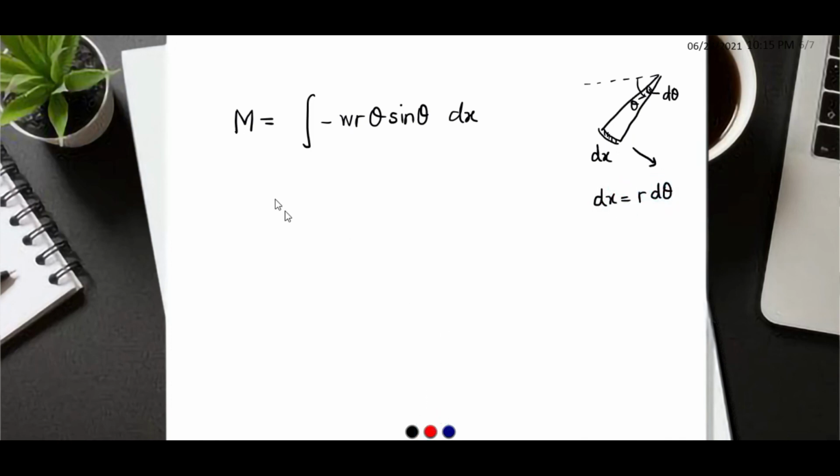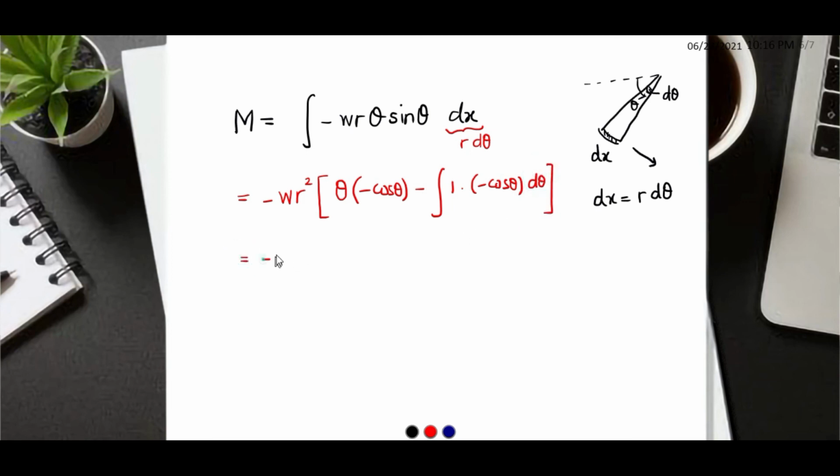So now let us substitute all these in this formula, and integrating by parts, we get minus w r square integration of theta sine theta. Considering u as theta and v as sine theta, we get theta times minus cos theta, minus integration of the differentiation of theta, which is 1, times integration of sine theta, cos theta d theta.